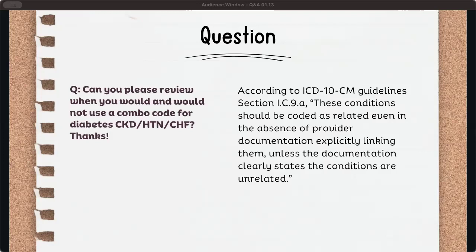So you can always assume that you have diabetes complicated by the chronic kidney disease or hypertension or CHF, unless you have documentation from that provider that specifically states that the conditions are unrelated, that the diabetes is not complicated by the chronic kidney disease or the hypertension. Very rarely will you actually see the provider document that they are unrelated, but it does happen.